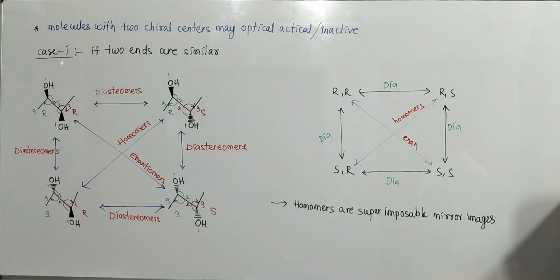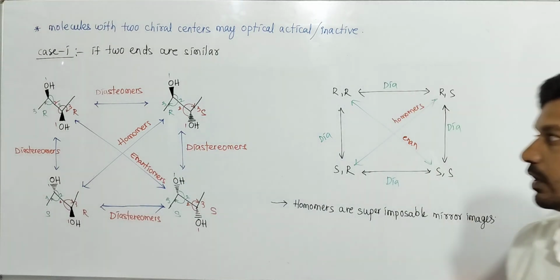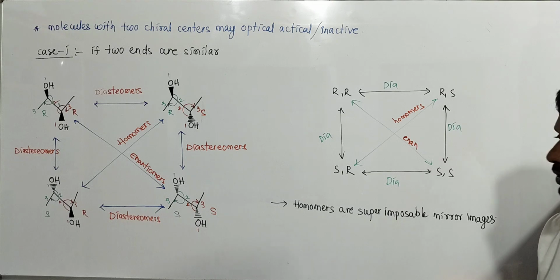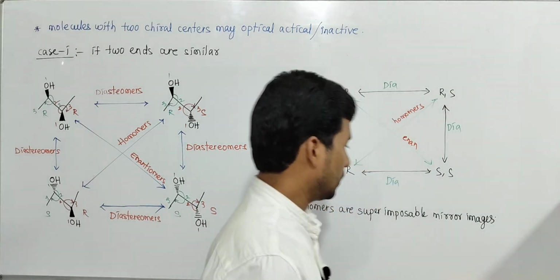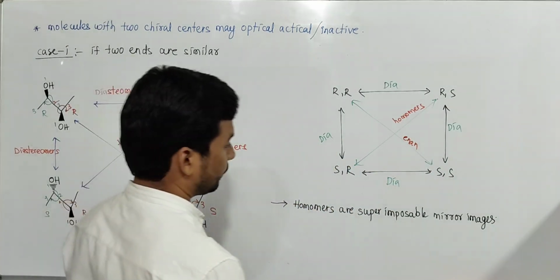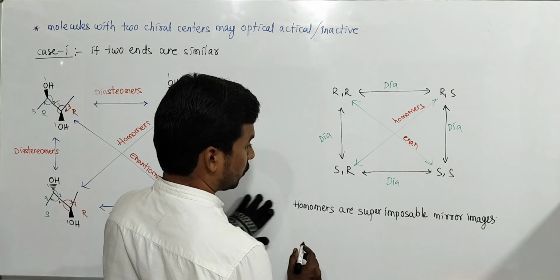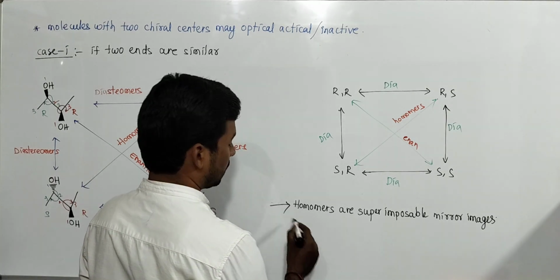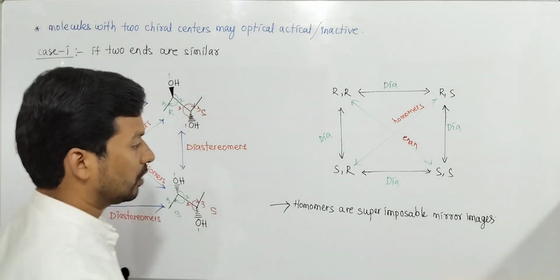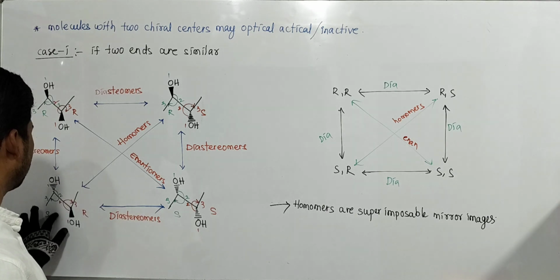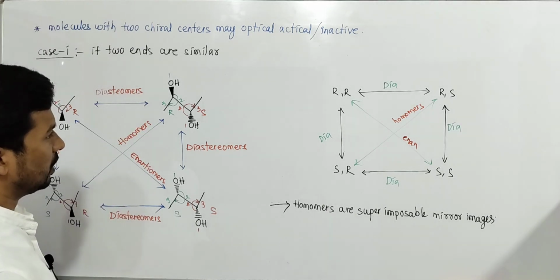Okay. If you take these two, RS and SR configuration, these two are meso compounds. Homomers are superimposable mirror images. These mirror images are meso compounds, for this one and this one, RS configuration.